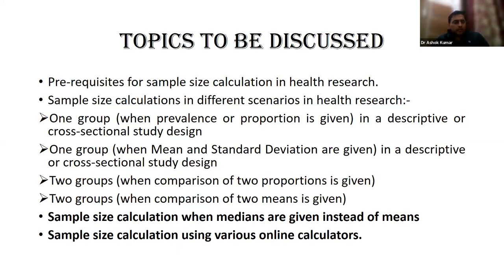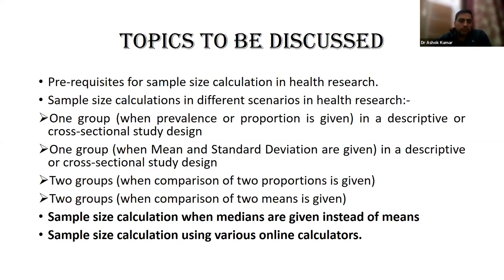That is, if we have one group, if we have two groups, okay, and we can calculate sample size for more than two groups also, no issue. Generally, we calculate sample size for prevalence, proportion, incidence, or percentage.